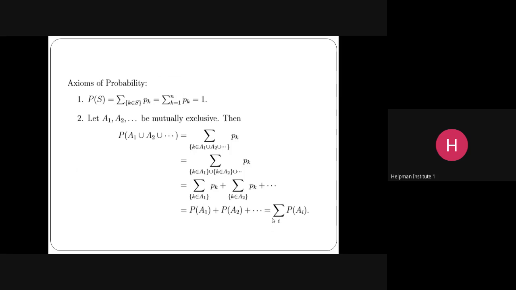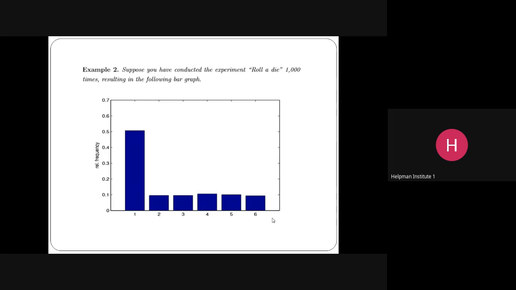All right, so we have explained this before, so we'll just move to the next slide. Now, example two. Suppose you have conducted the experiment of rolling a die 1,000 times, resulting in the following bar graph. Looking at this bar graph, we have rolled a fair die 1,000 times.